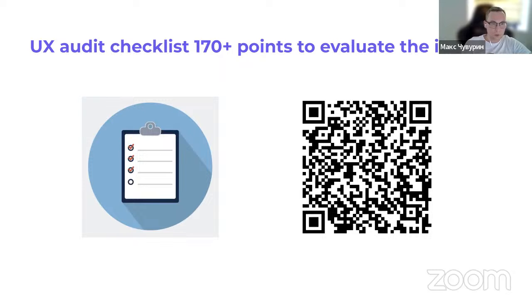Most of those issues are focused directly on e-commerce projects because that's our main topic, but it could be transferred to other products because they have similar ideas inside. So you can scan it and use it for your own products.